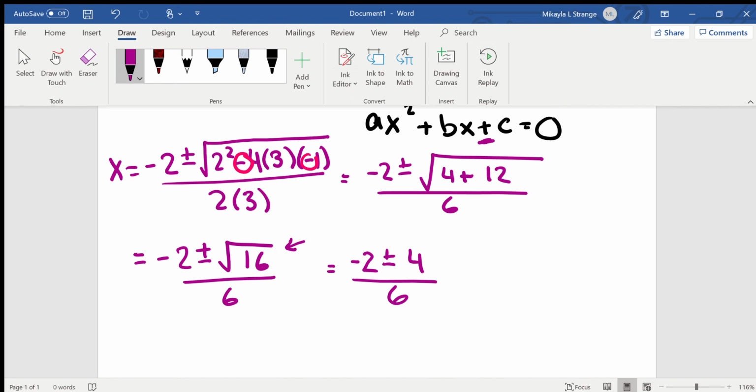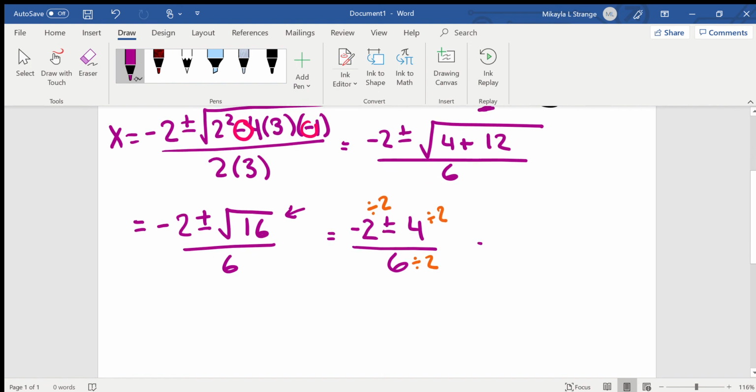From here, what I personally like doing is trying to simplify as much as possible. I know that 2 can go into all 3 of these, so I'm going to divide each number by 2. And that's going to leave me with negative 1 plus or minus 2, all over 3.